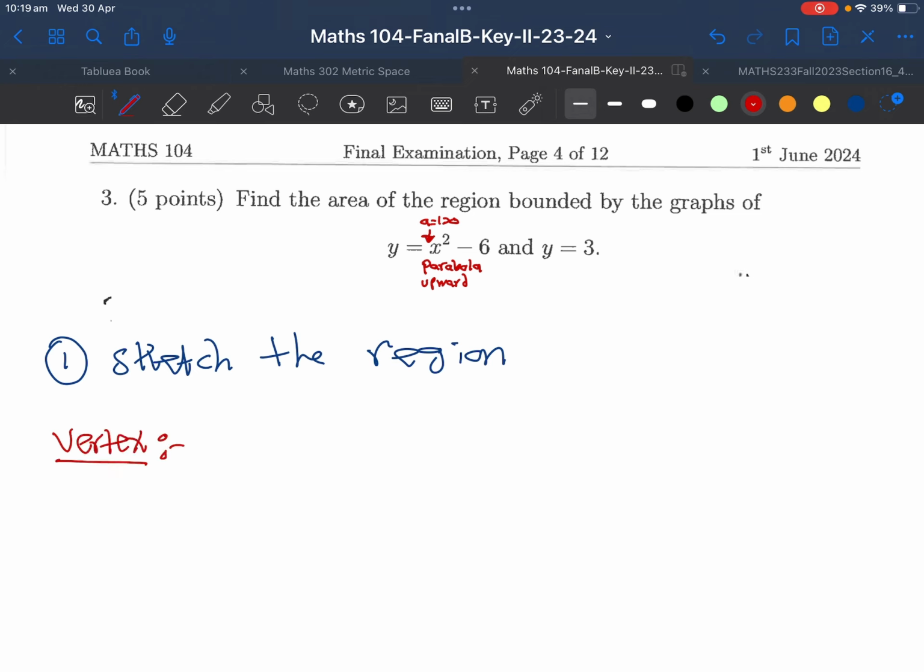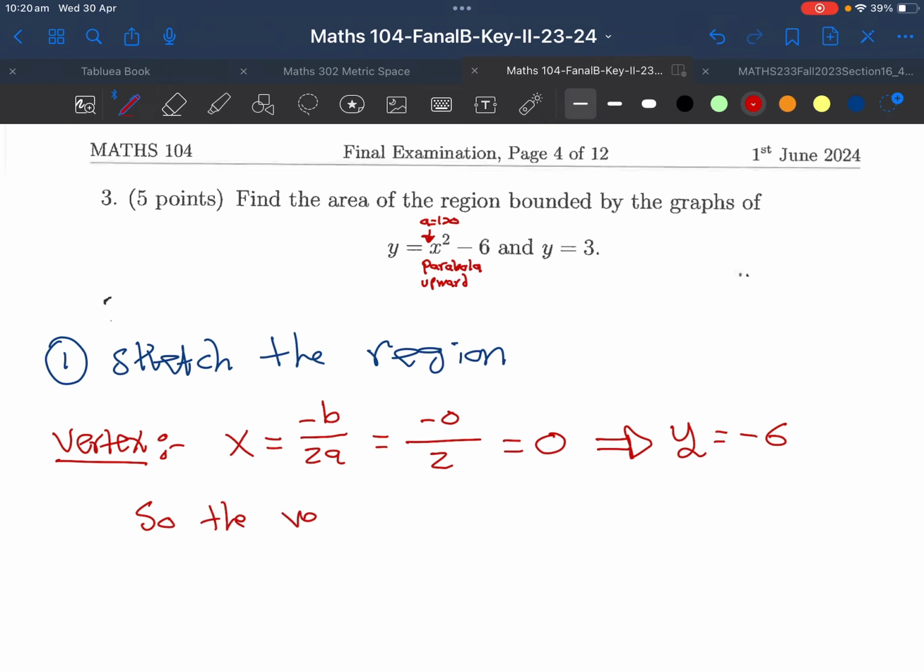And remember how we find the vertex from pre-calculus? Using the formula minus b divided by 2a. Now, I don't have any b because b should be the number in front of x, but because you don't have an x, you get 0 divided by 2, the final answer is 0. If you plug in x, you will look for the y, and the y will be negative 6.